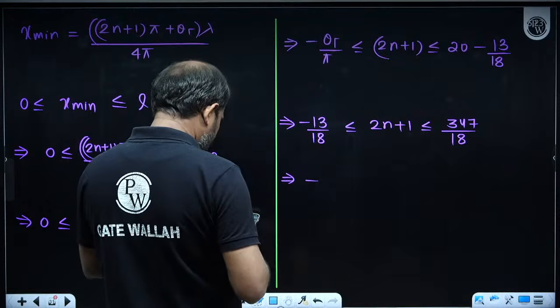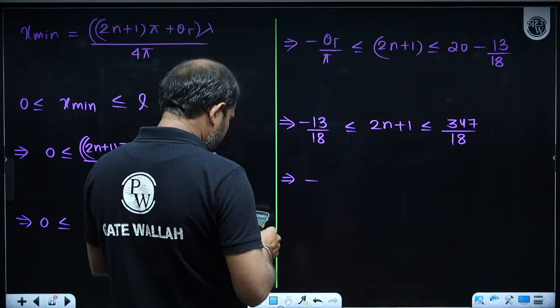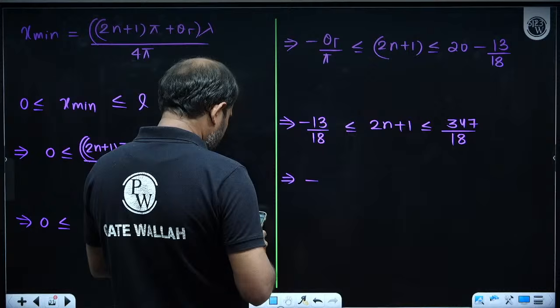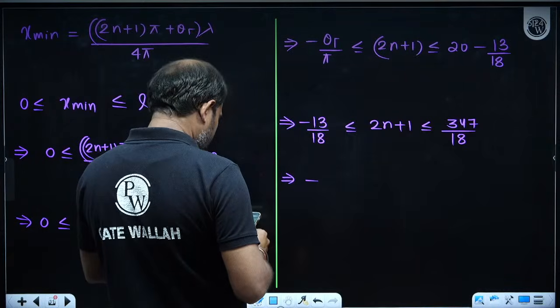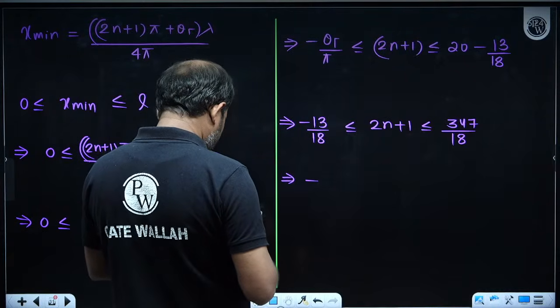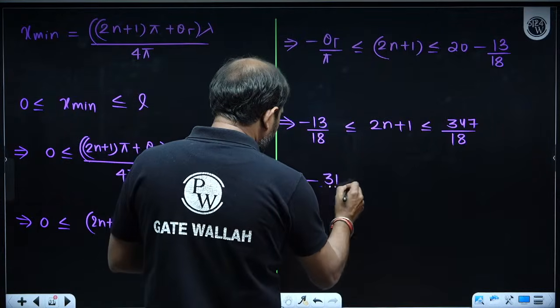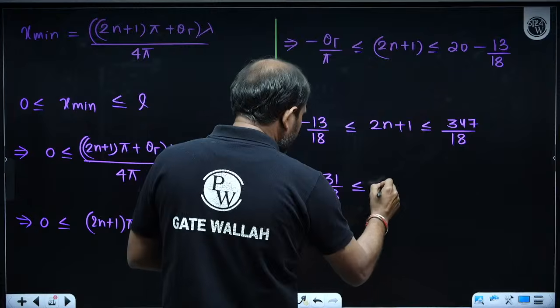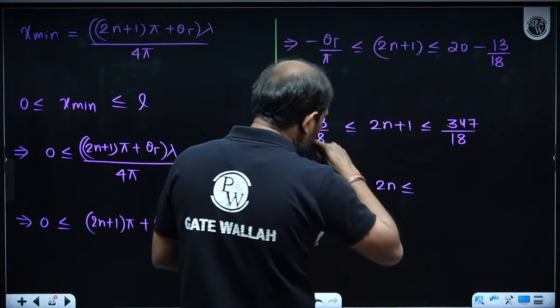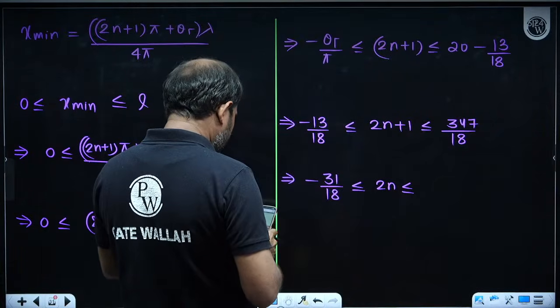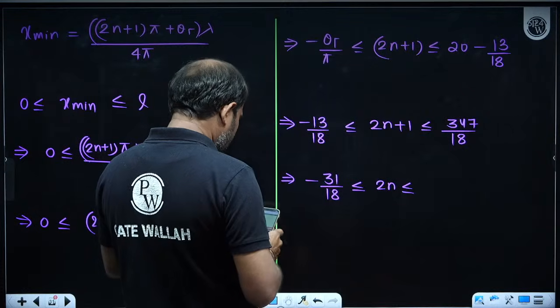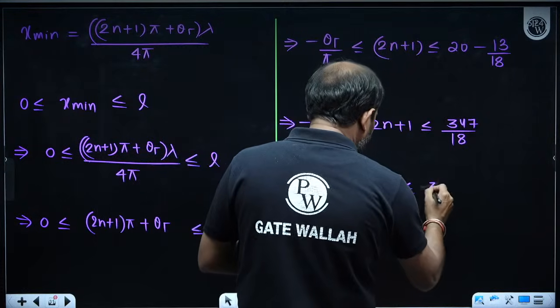So it will be minus 13 minus 18, minus 31 by 18, and 329 by 18.